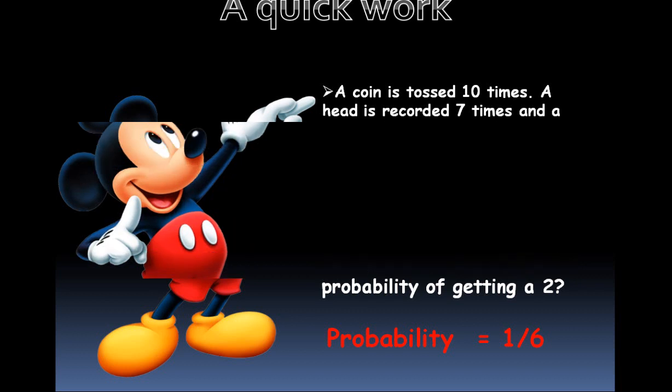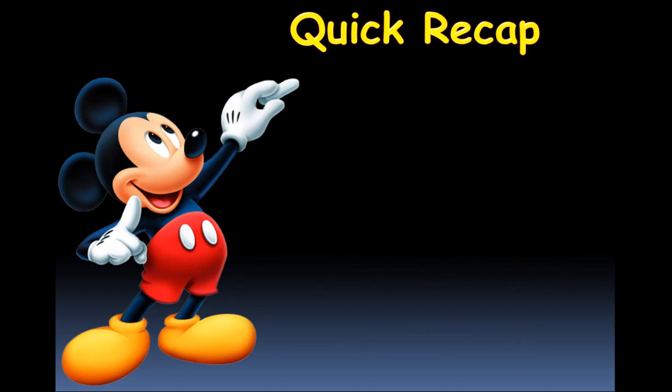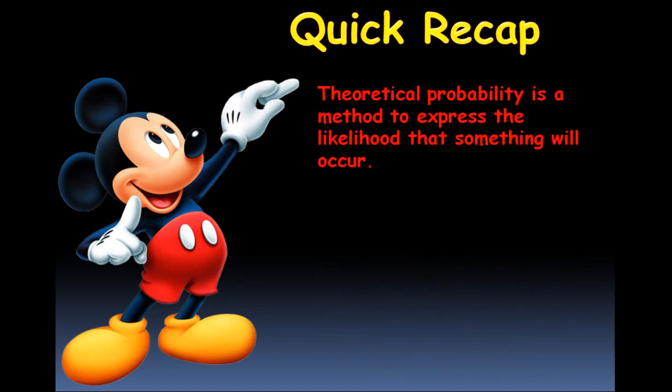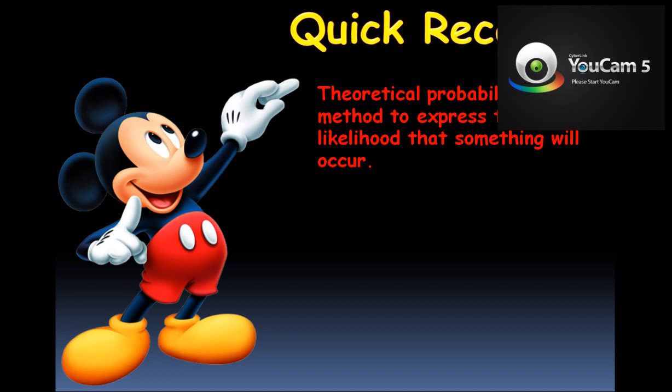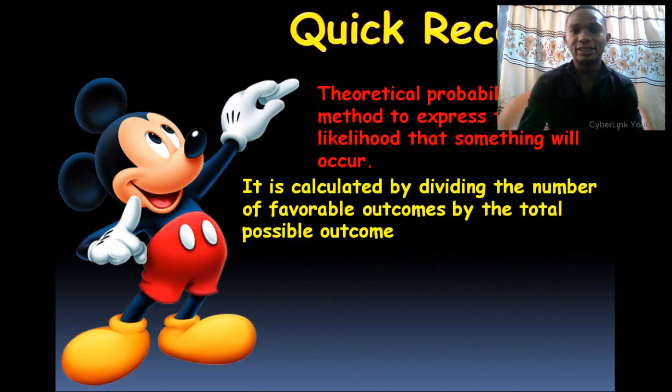Okay, now a quick recap on what we treated last week. We said theoretical probability is the method to express the likelihood that something will occur. We also said that theoretical probability is calculated by dividing the number of favorable outcomes by the total possible outcome.